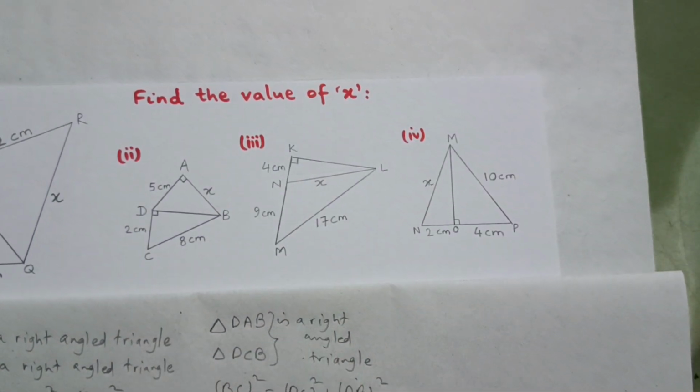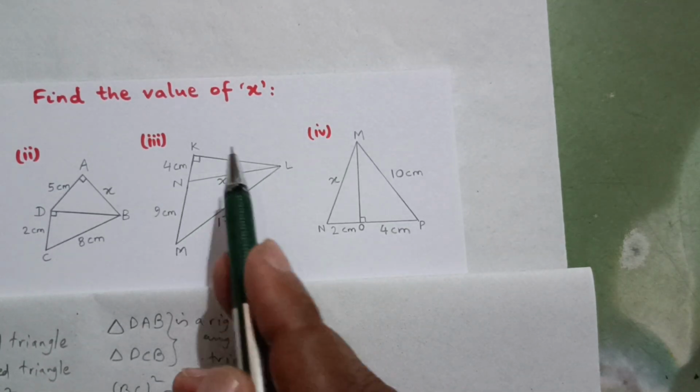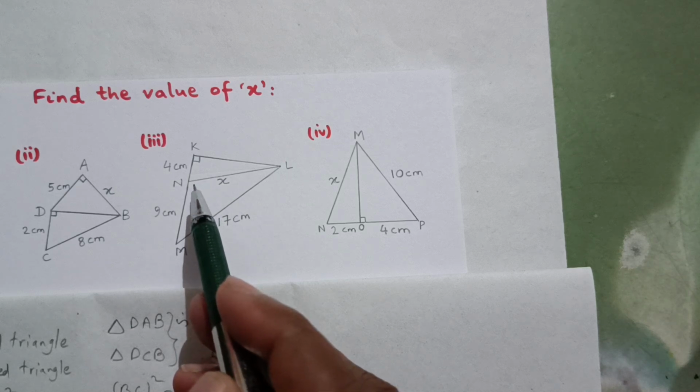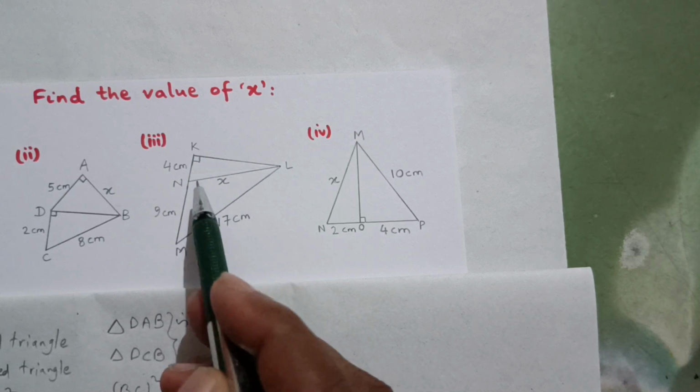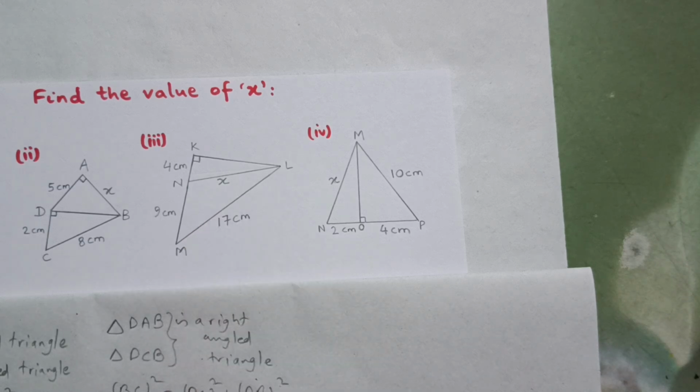Now let us go to question number 3. In question number 3 we have this diagram and we have to find out the value of x. So we have to find out what is the measure of side NL.